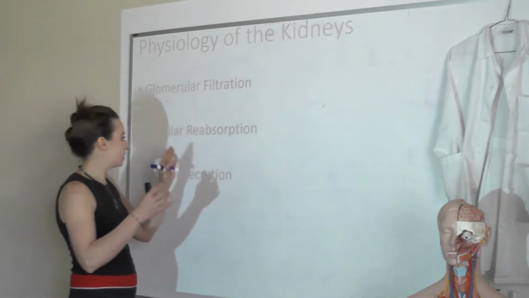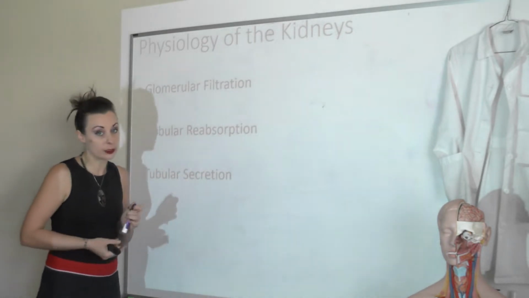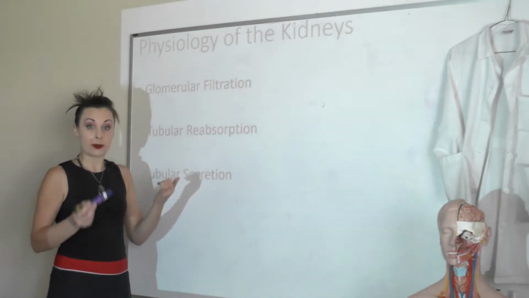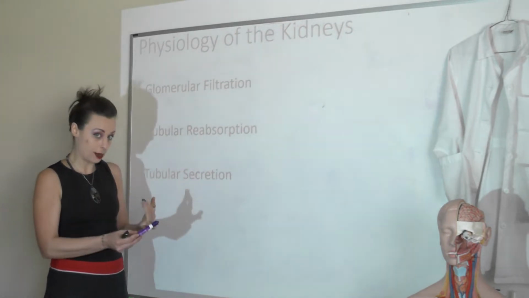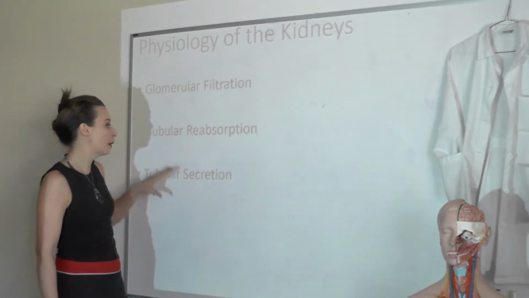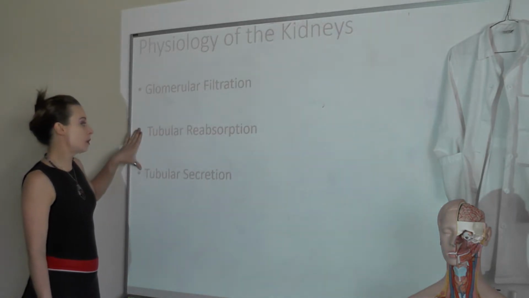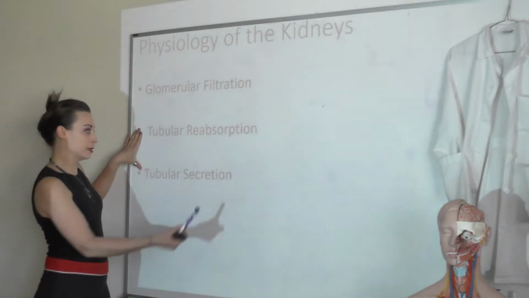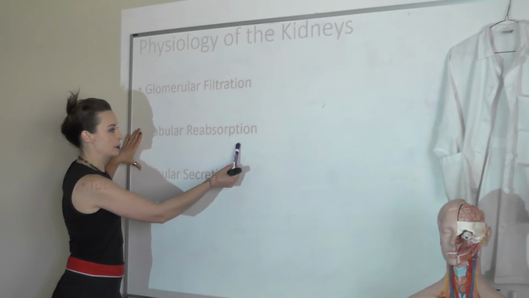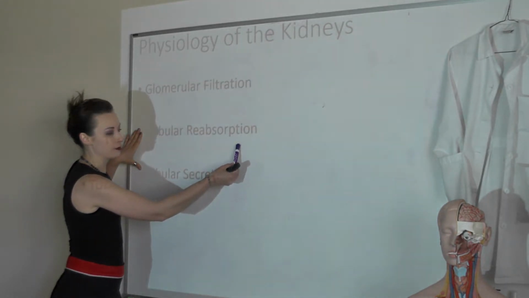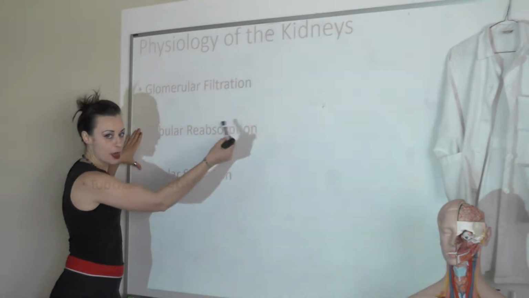So that filtrate then is going to enter the renal tubule, and that's where we have our proximal convoluted tubule, our nephron loop, and our distal convoluted tubule. And throughout the renal tubule, we have both tubular reabsorption, which is going to reclaim things from that filtrate that was produced here.